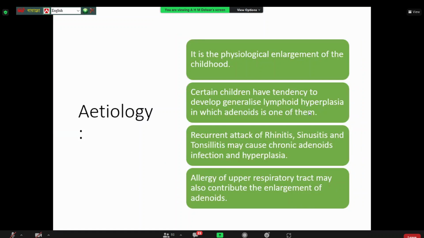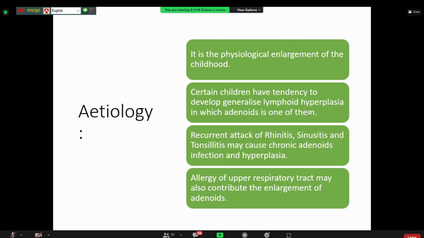Etiology. What are the causes? It is the physiological enlargement of childhood. The enlargement is physiological. Certain children have a tendency to develop generalized lymphatic hyperplasia, of which adenoids is one. Some children have a genetic tendency.